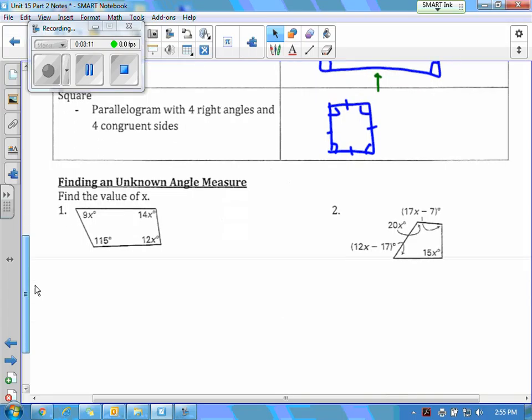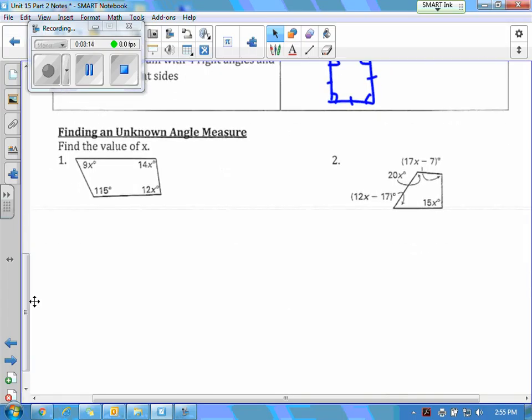So now we can talk about finding unknown angle measures. So every quadrilateral, the angles are going to add up to 360 degrees. So just like we did with a triangle, we can add up all the angles and set it equal to that amount. So I'm actually going to do number 2 because I think it's a little bit harder, and then number 1 for you.